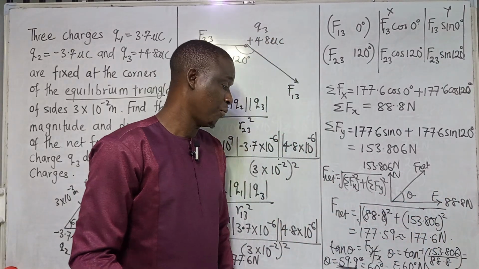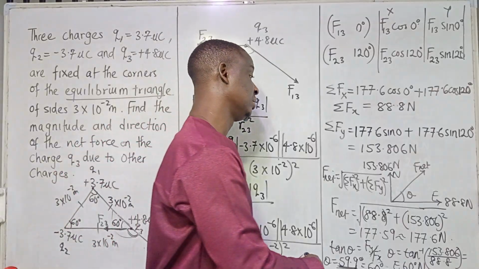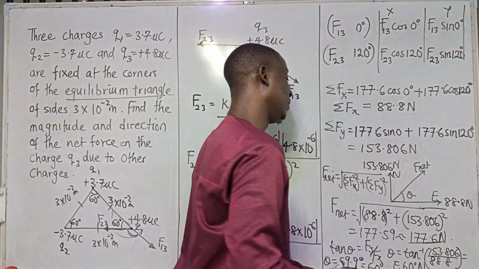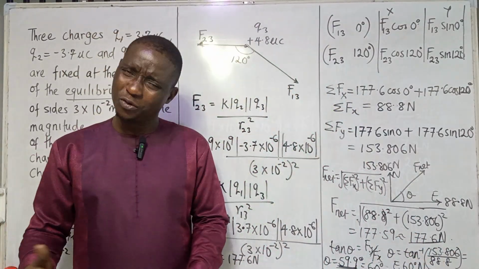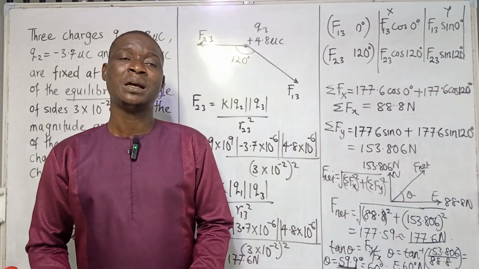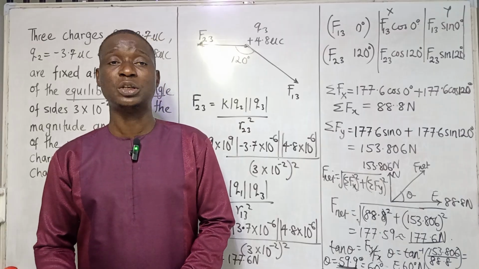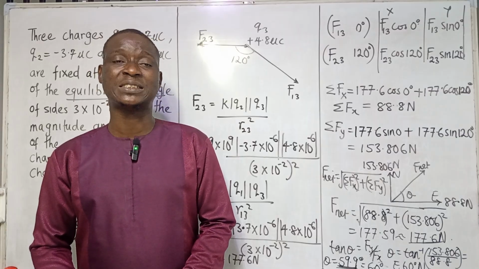It's still correct. But the direction is 60, while the magnitude is 177.6 Newton, approximately 178. It depends on the exam and the options, the decimal point you want to convert it to.